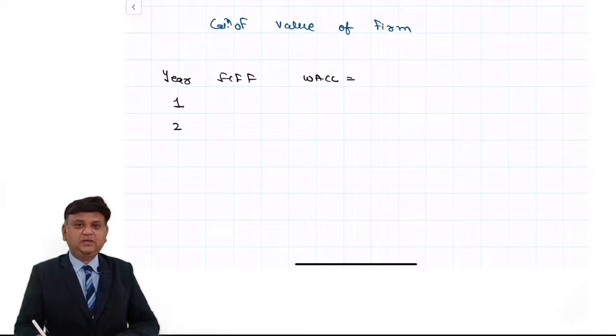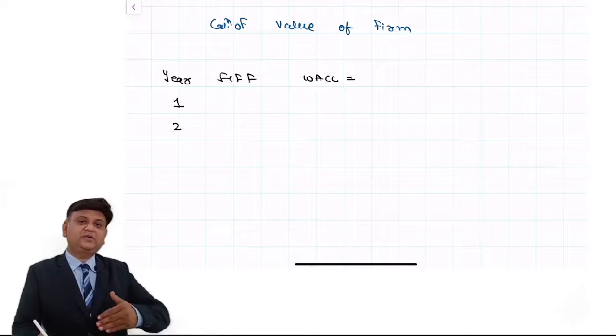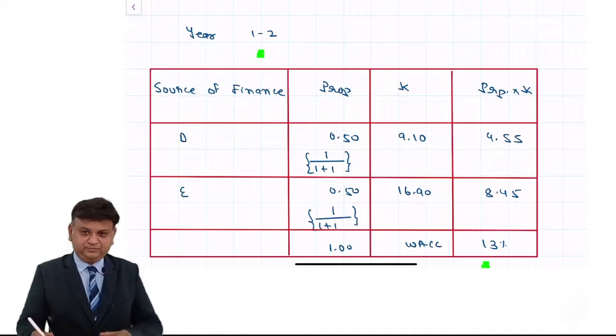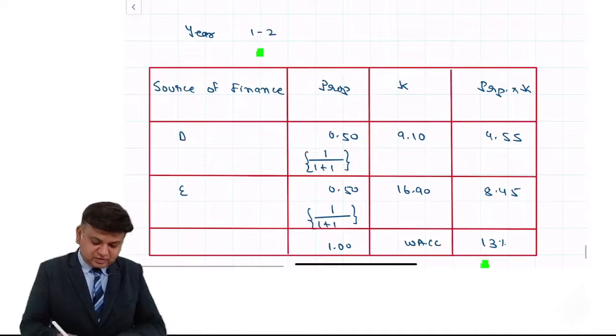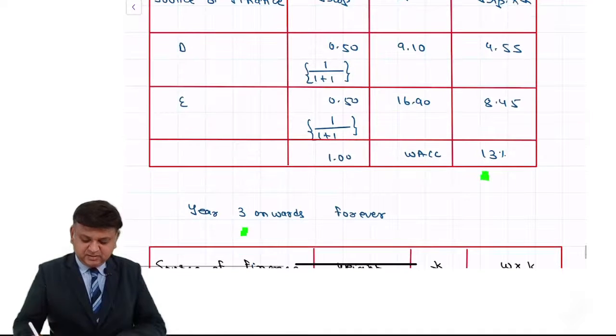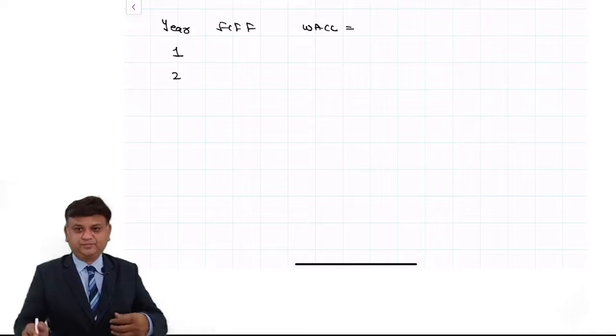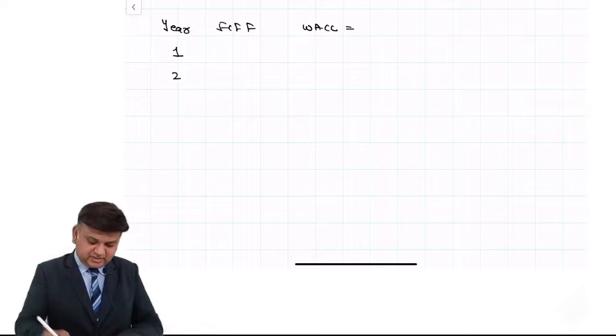Now friends, over here, the weighted average cost of capital for the first and second year will be used. That is, weighted average cost of capital for the first and second year is 13%. It will be used for the purpose of calculating the present value. So let us use 13%.